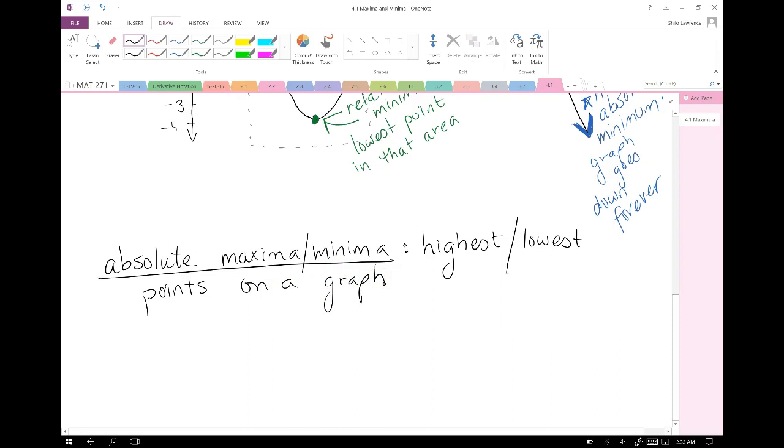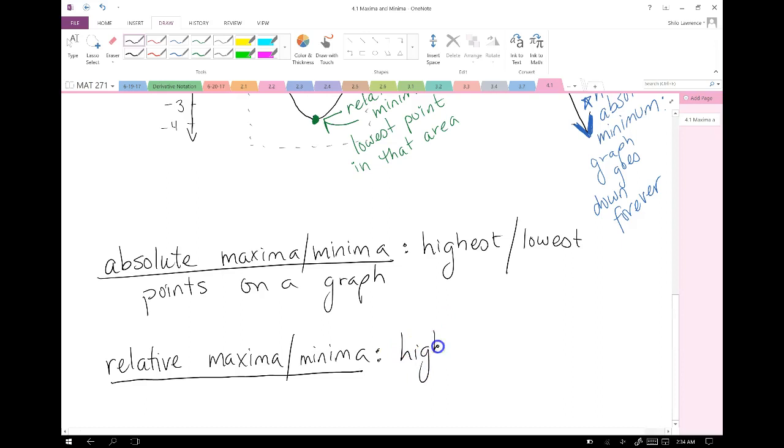And then we have relative maxima and minima. And these are also highest and lowest points, but they don't have to be on the whole entire graph. We're only comparing them to their immediate surroundings.